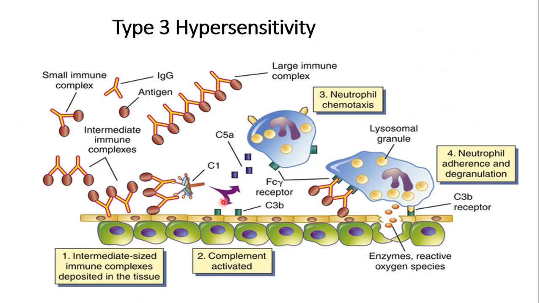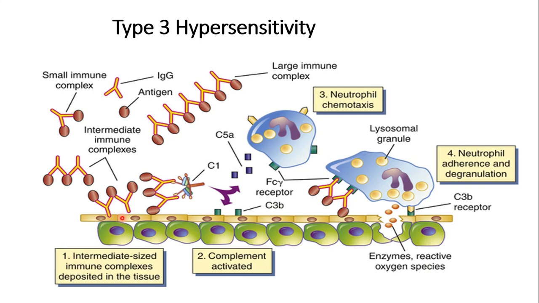Now the type 3 hypersensitivity reaction, which is also known as the immune complex hypersensitivity. This type of hypersensitivity reaction occurs when the antigen and antibody complexes induce an inflammatory response in the tissues. First of all, all the immune complexes deposit in the tissue.